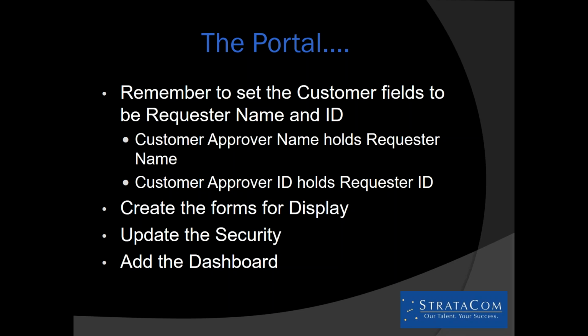So if it were Laura, for example, who was approving for me, these fields would have Laura Walker, and when Laura goes in there, she's the approver, and it says requester name and requester ID on that approval record. So therefore, she is the owner of that record, and that's how she can go in and update.